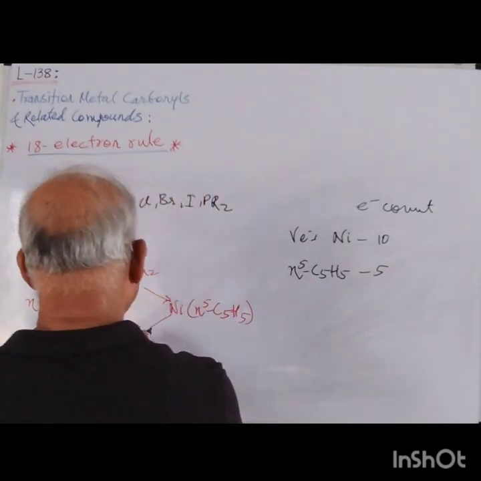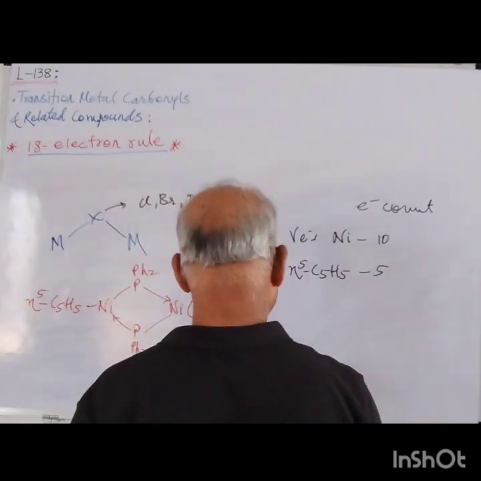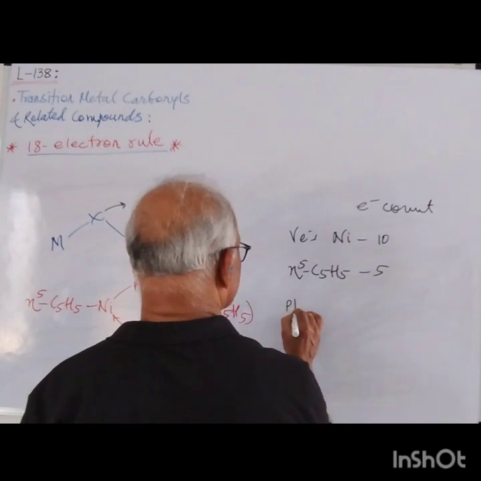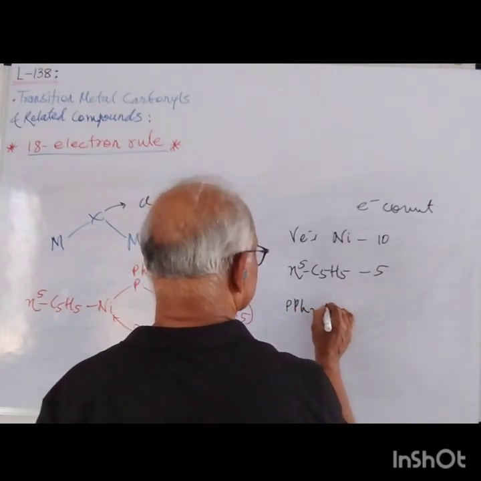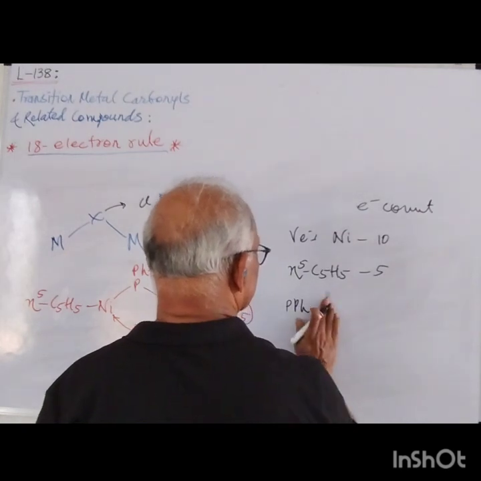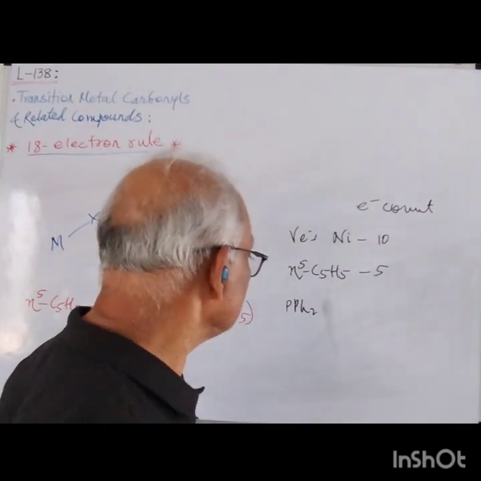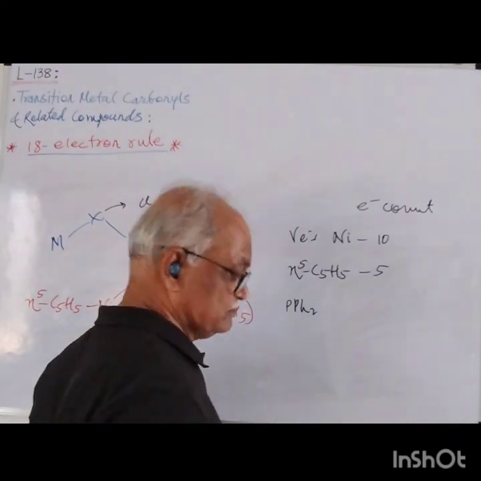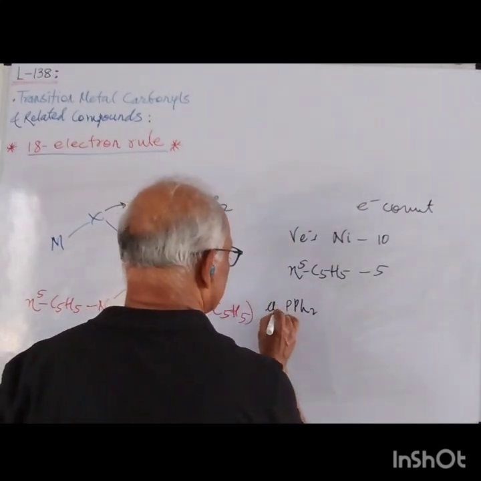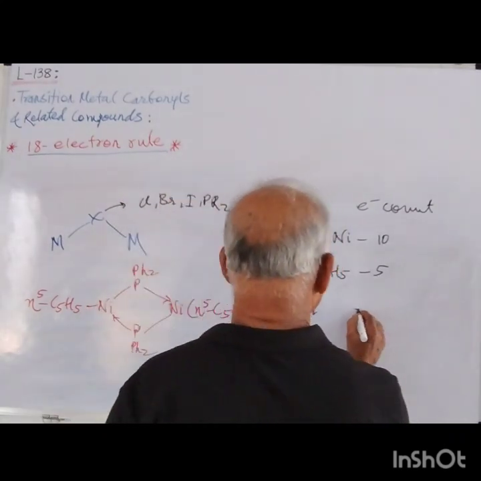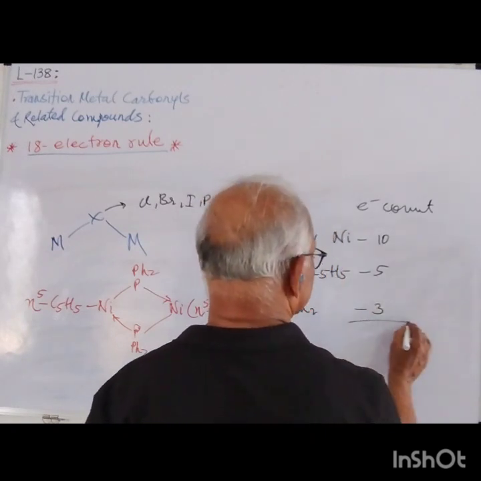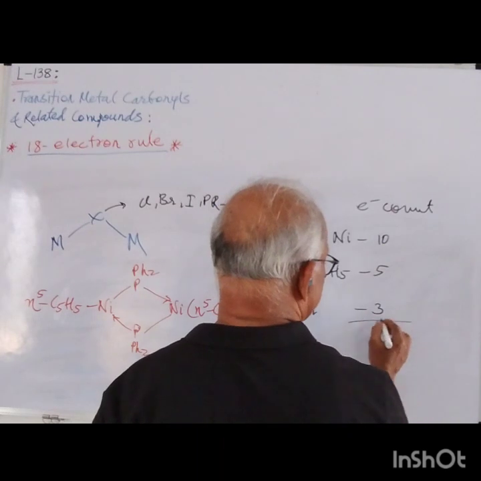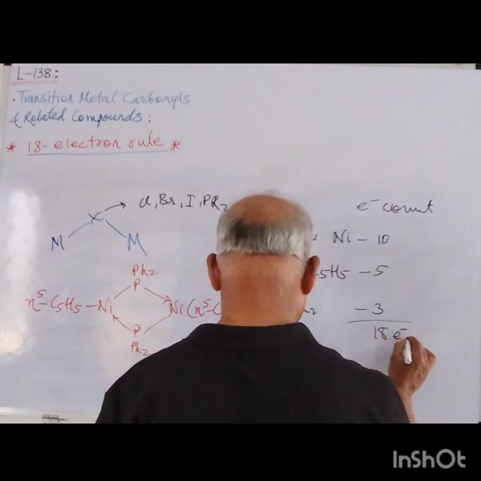Then the PPH2 bridging, or in other words mu, contributes 3 electrons. So the total gives us 18 electrons.